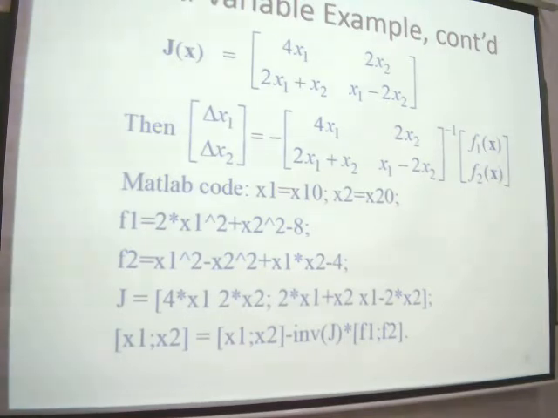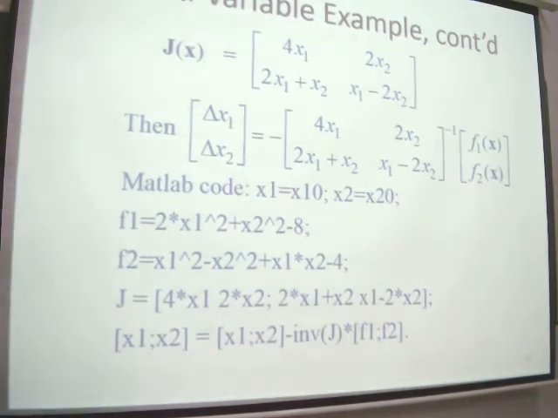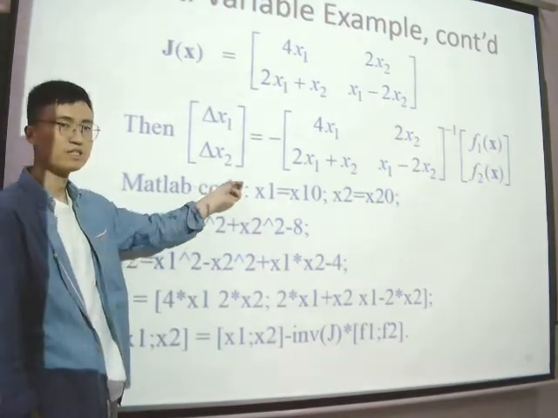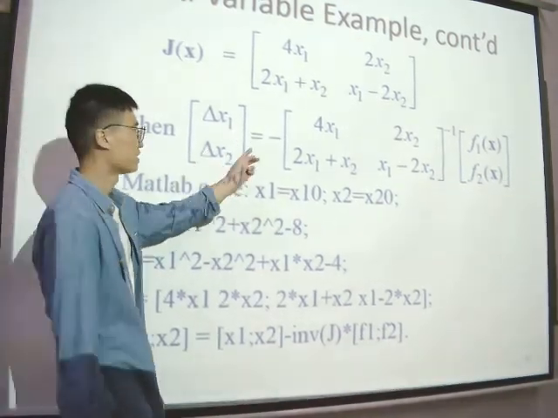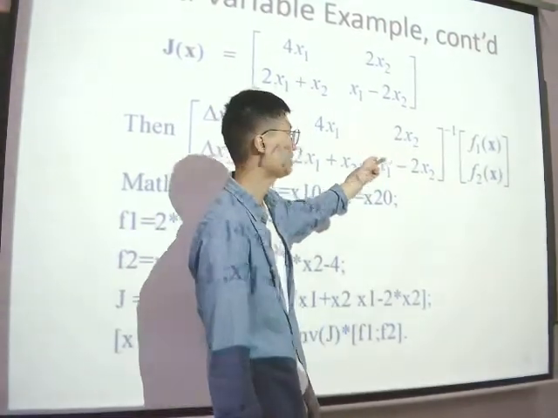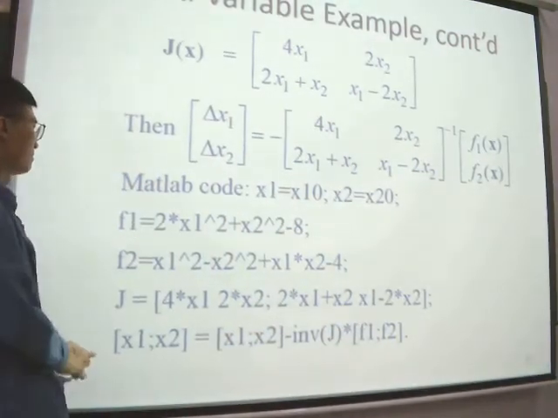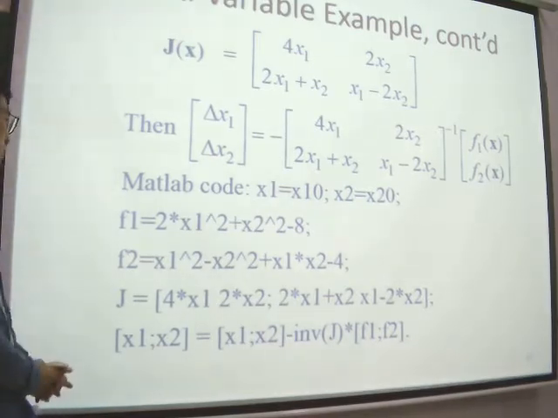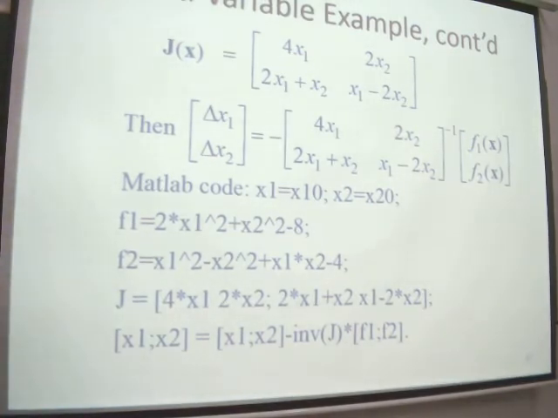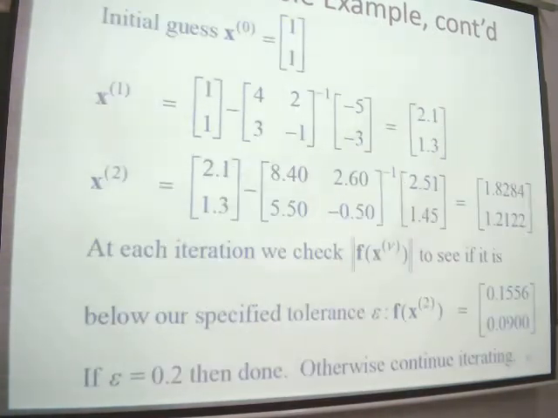As long as we have the Jacobi matrix, here is the equation: x1 equals x0 minus the inverse of the Jacobi matrix times f(x).